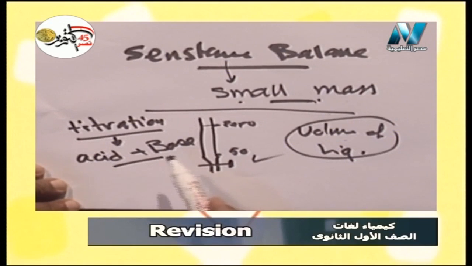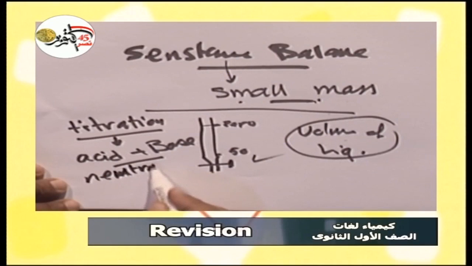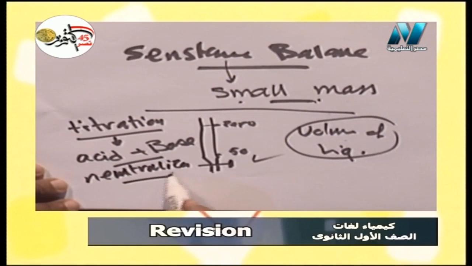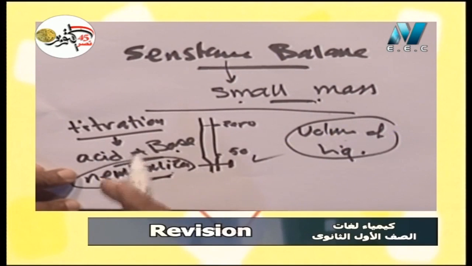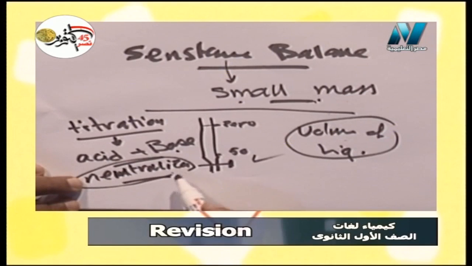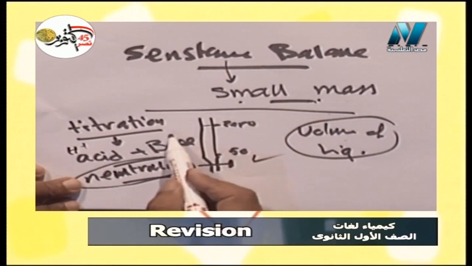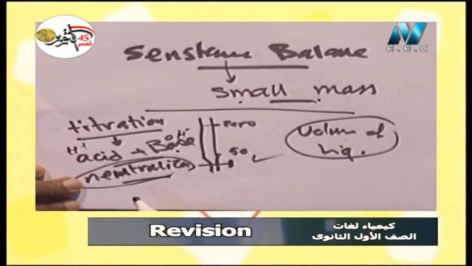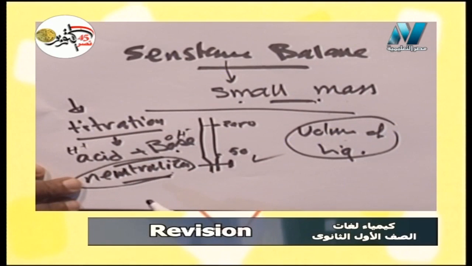This reaction is also called neutralization, the name of this reaction according to the classification of chemical reactions. Why? Because the hydrogen proton of the acid is neutralized with the OH of the base or alkali. How does this process take place in the lab? Through the titration process.